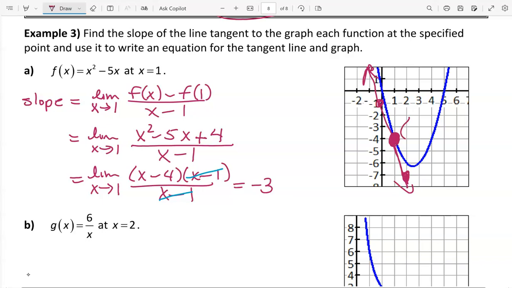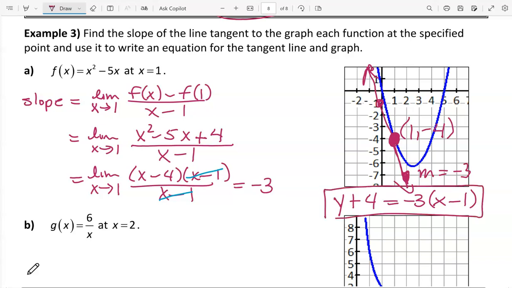The point on the function is the point 1, -4, and the slope of that tangent line is -3, so the equation of the tangent line is y plus 4 equals -3 times x minus 1 in point slope form. Remember, point slope form is y minus y1 equals m times x minus x1.